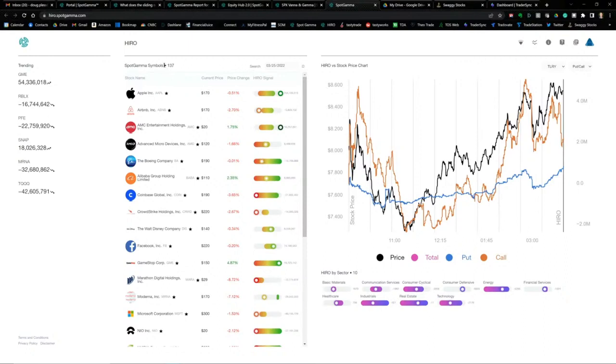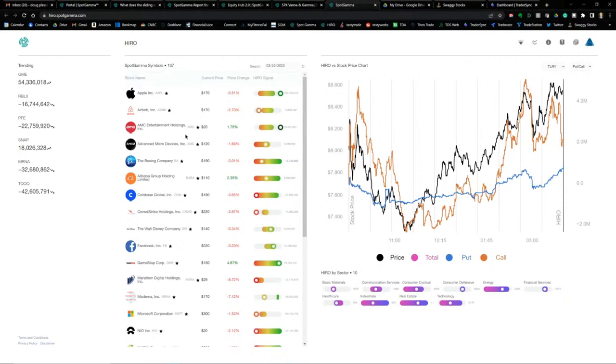There are right now 137 stocks available in this tool, and I have created a watch list of a limited set of those stocks that I believe have a strong, consistent correlation with options trading and market maker hedging activity.